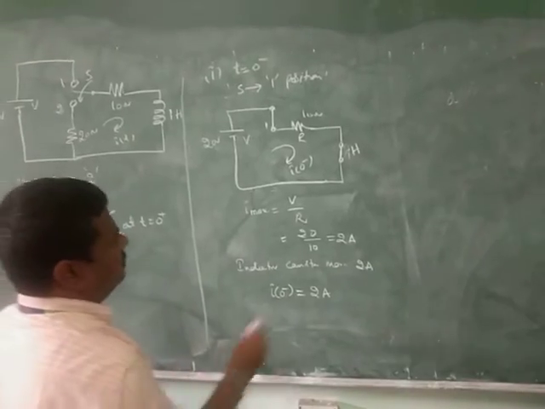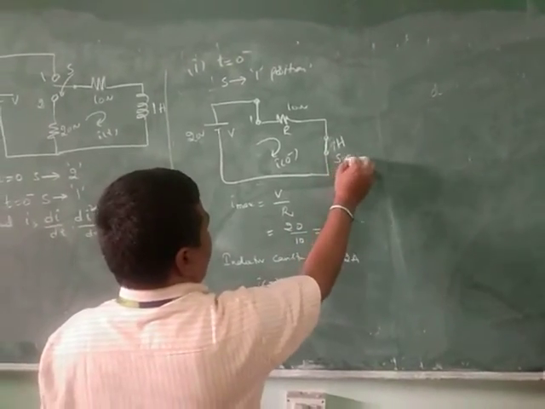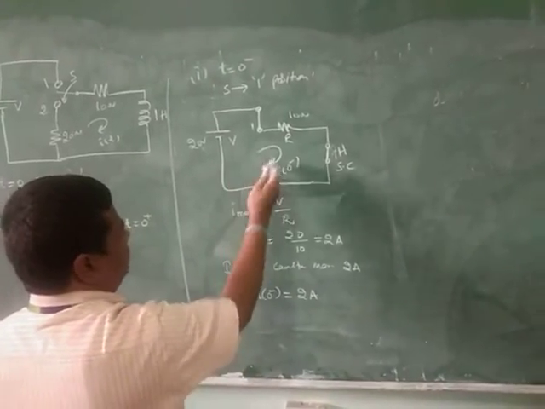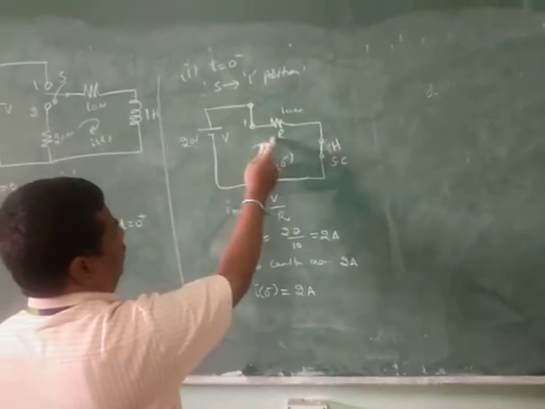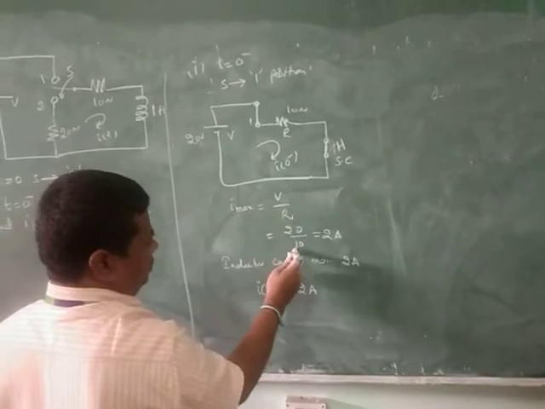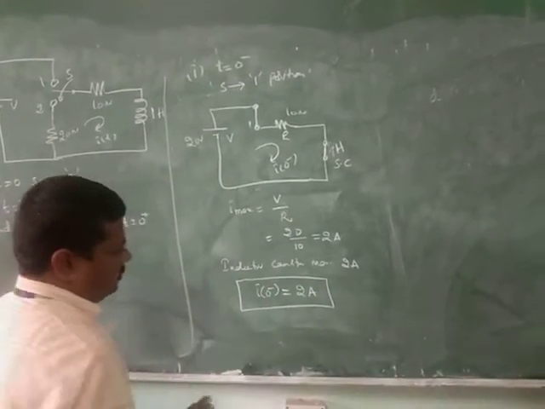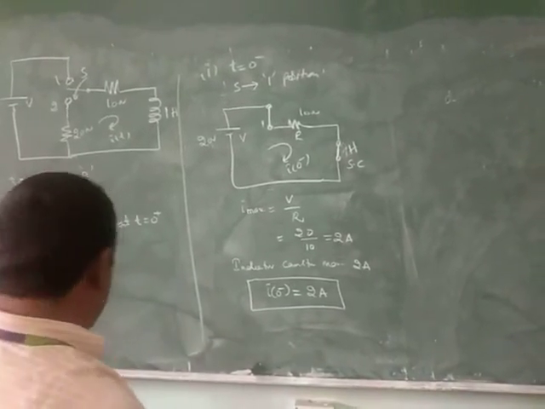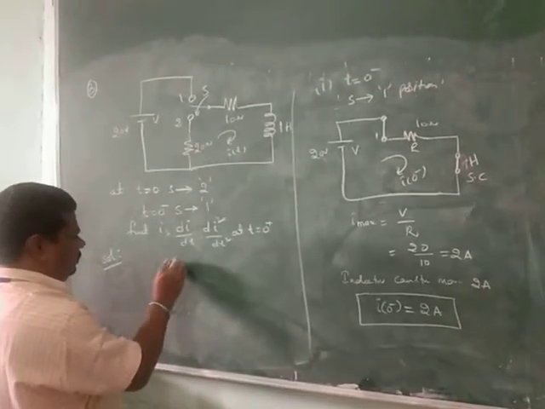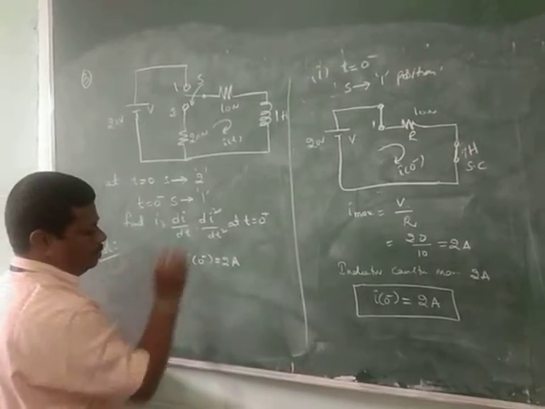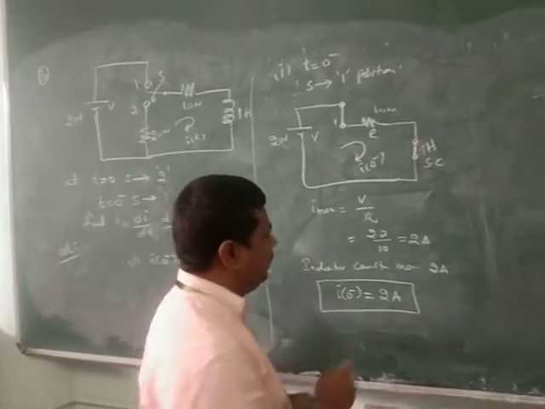When the inductor behaves like a short circuit, the maximum current depends upon V and R only. So V by R is equal to 2 amperes. So in the first case, I of 0 minus is equal to 2 amperes.